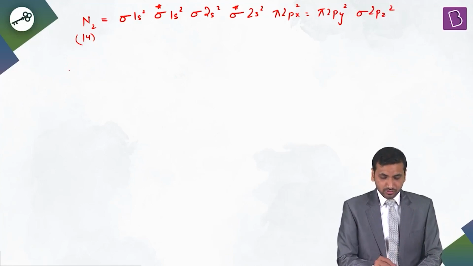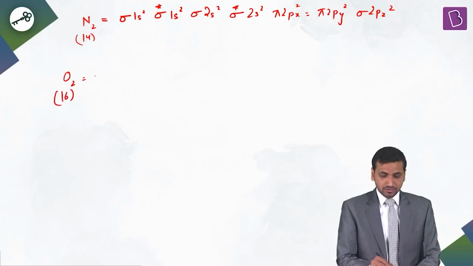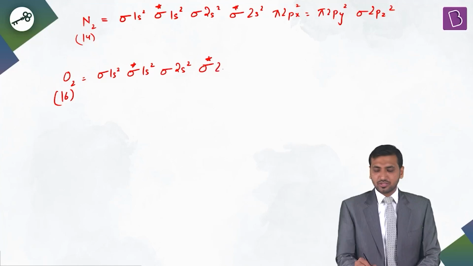Let me write it for O2 as well. O2 number of electrons are 16, 8 into 2. So sigma 1s2, sigma star 1s2, sigma 2s2, sigma star 2s2.